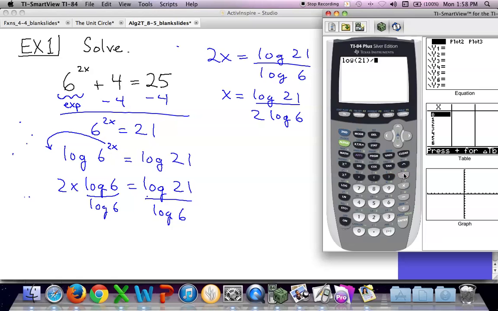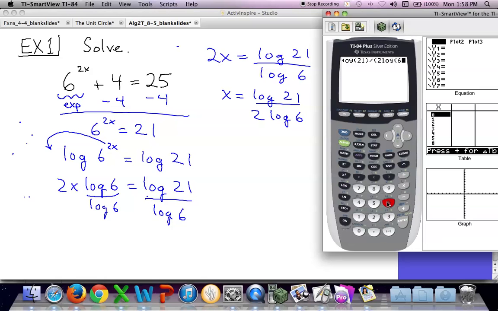Then you divide, and because you've got 2 factors in the denominator, 2 times log 6, that needs to be in parentheses. If you didn't put parentheses, it would divide by 2 and then multiply by log of 6. So you have to say divided by parentheses 2 log 6.